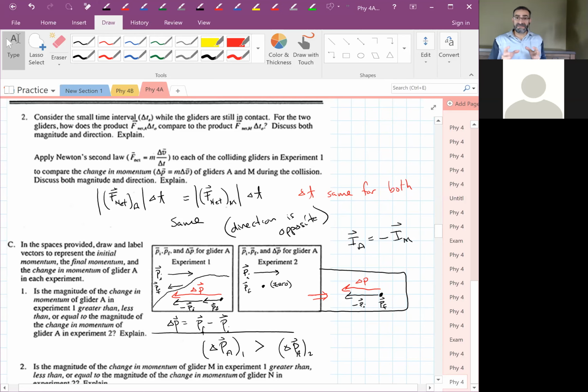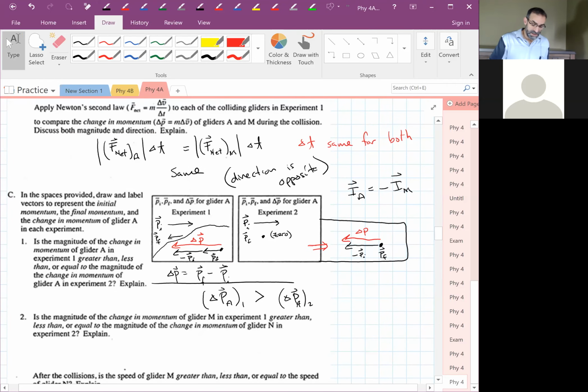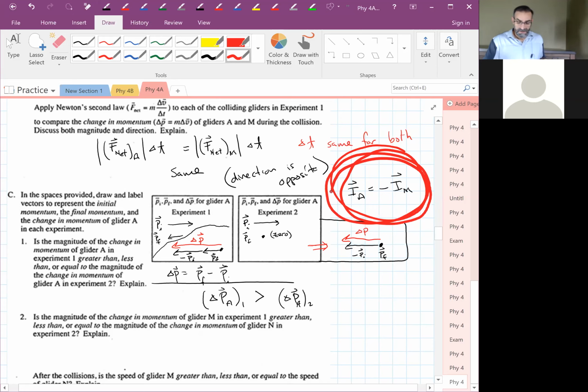Okay, so if A had a bigger change in momentum in the first experiment with M than it did with N, then what do we know? How can we compare M and N? Which one has a bigger change in momentum, M or N? We have to look back up to what we had earlier. Let's just think about one collision.